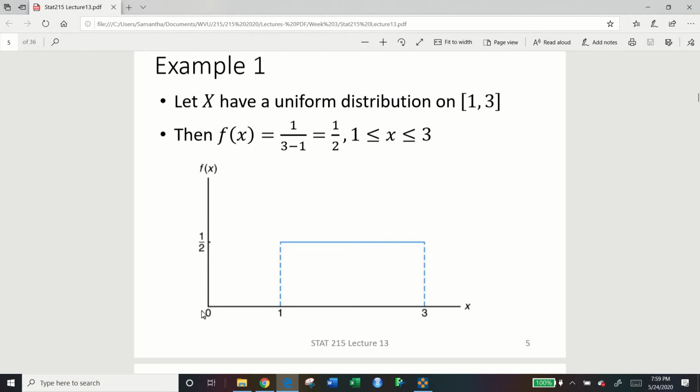Along our f of x, or y-axis, f of x is equal to 1/2, and we draw a straight line because it is continuously 1/2 from 1 to 3, and of course 0 otherwise.